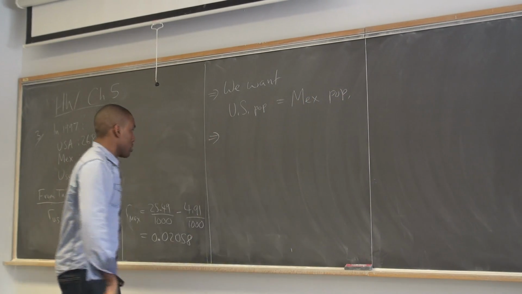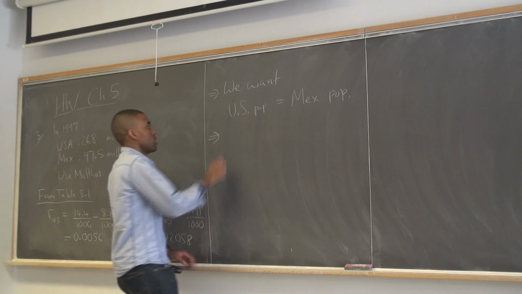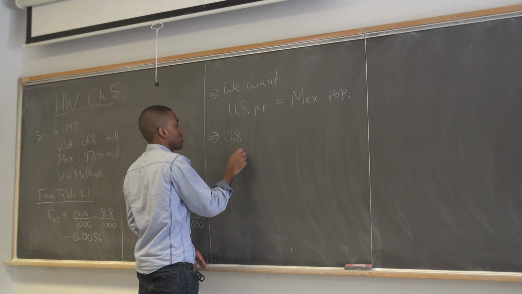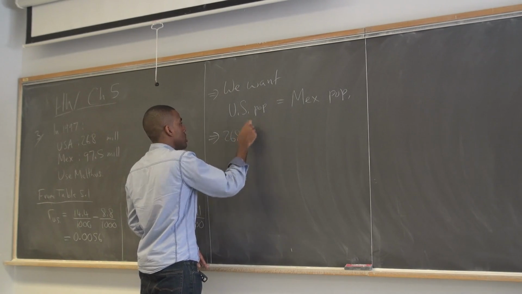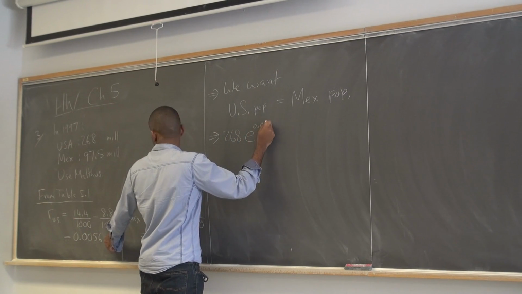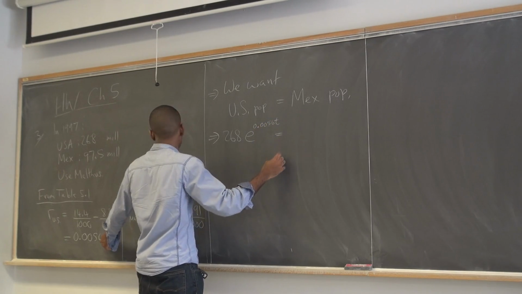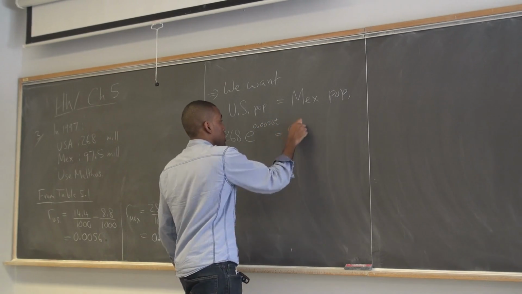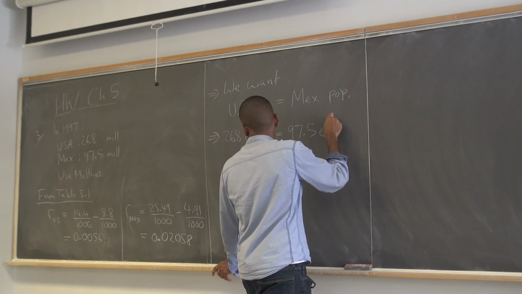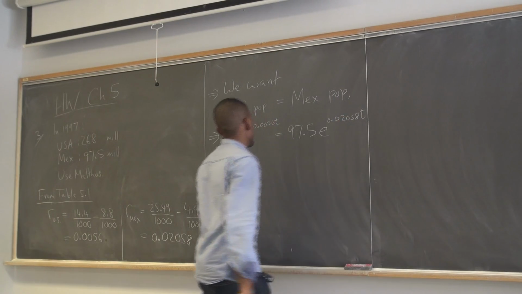Using the Malthus model, this means that 2.268 e to the 0.0056t, I want that to be equal to 97.5 e to the 0.02058t.